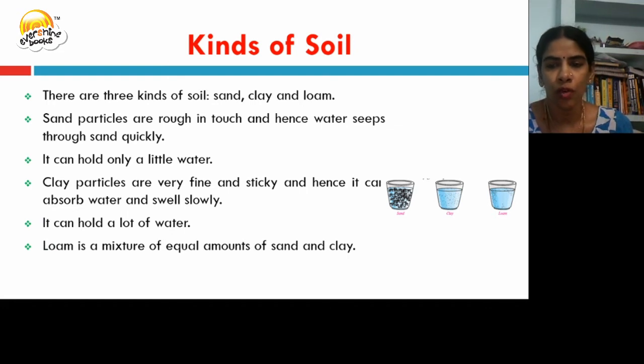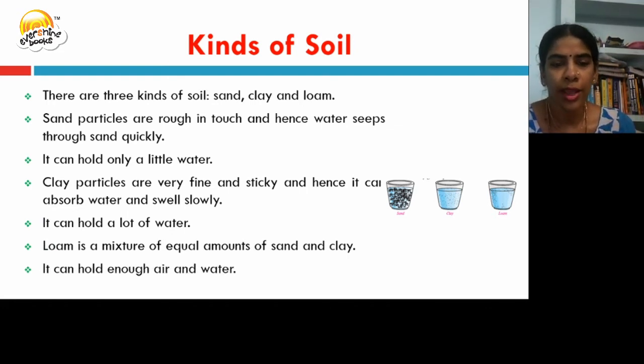Loamy soil is a mixture of sand and clay. It can hold enough air and water. So, the different kinds of soils are sandy soil, clayey soil and loamy soil. Sandy soil is rough to touch and so water can seep through it faster, but it can hold only little water.